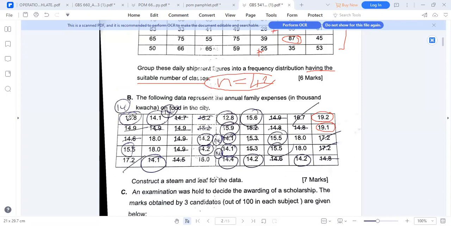Well, this one is 14. And then, of course, this one is also 14. This is 14, which is 1. An example, 1, 2, 3, 4, 5, 6, 7, 8, 9.